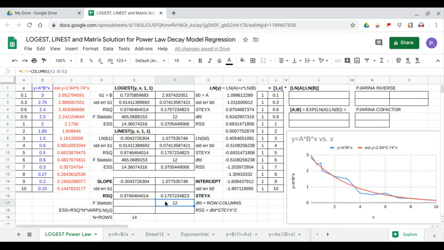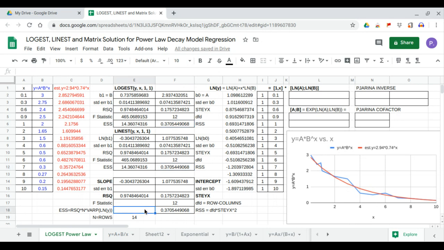And this matches our LINEST and LOGEST output. We can now calculate the residual sum of square, which is degrees of freedom times sey to the power 2, or sey squared. 0.37 matches our LINEST and LOGEST output.